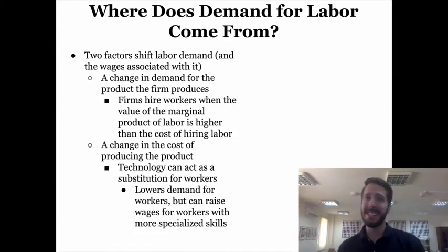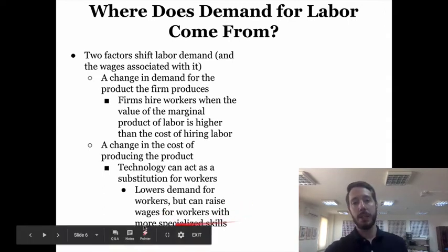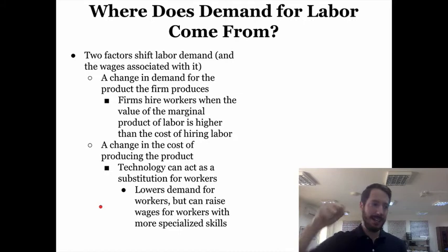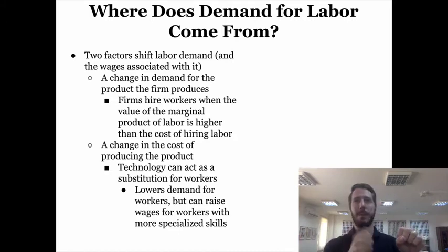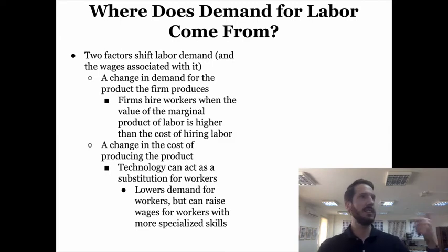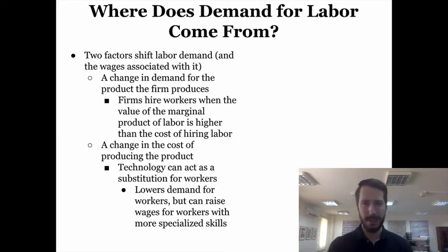And what that does is I can say I'm firing a bunch of people, or I can specialize. It allows for workers to have more specialized skills. So instead of the person who hammers a nail into something, I can be the person that fixes the machine that hammers nails into something.